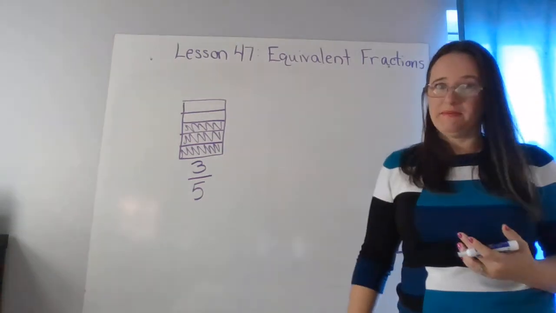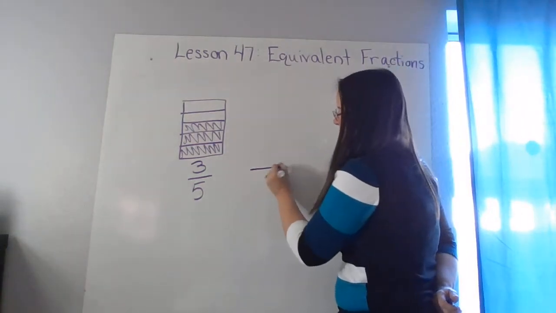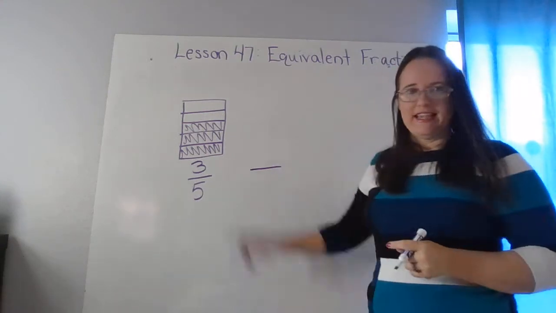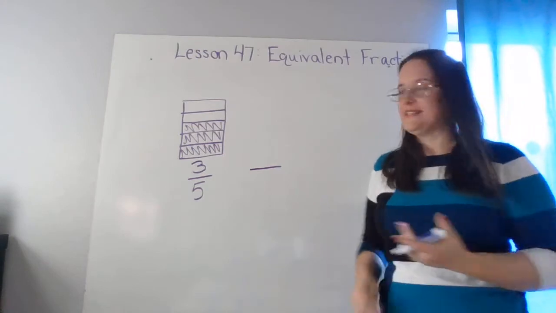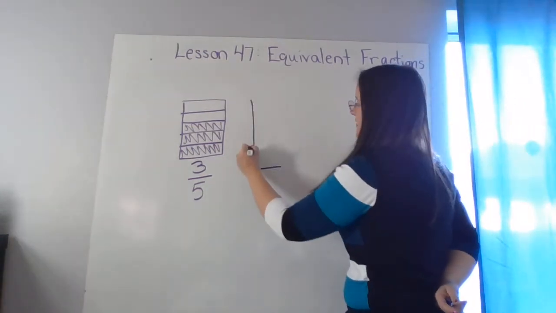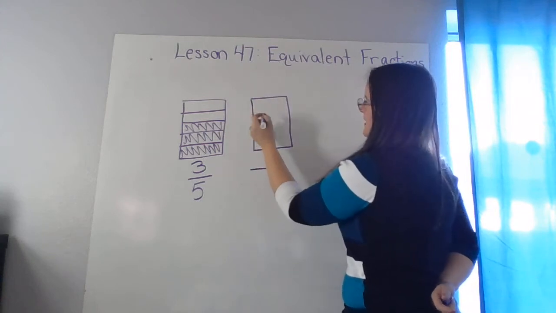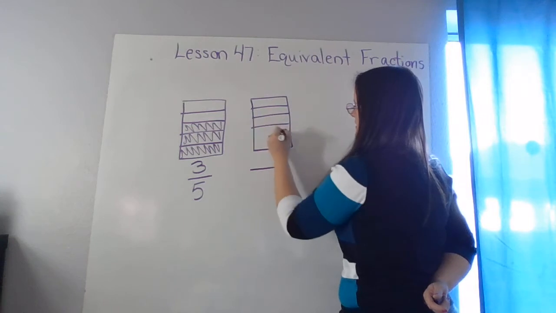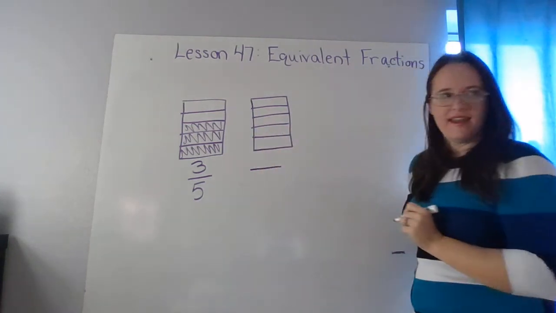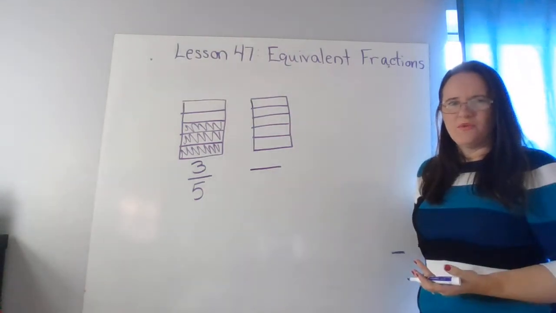In this case, we're going to make a bigger denominator, which means we're going to take the same shape and we're going to break it into more equal pieces. So if I have my same rectangle here, it was fifths, and I want to break it into more equal pieces. So what could I do?